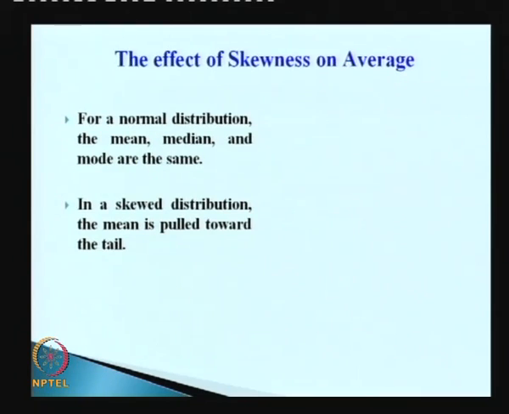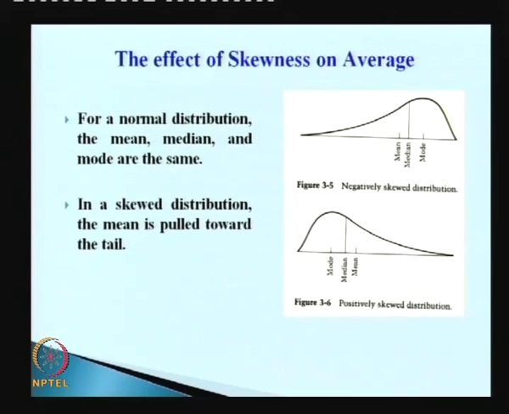kurtosis. The skewness issue is nothing but the shape of the distribution. We would like to know the position of this particular series. We usually look for normal distributions. If it is normally distributed, then the distribution is called a symmetric distribution, where mean, median and mode are equal.